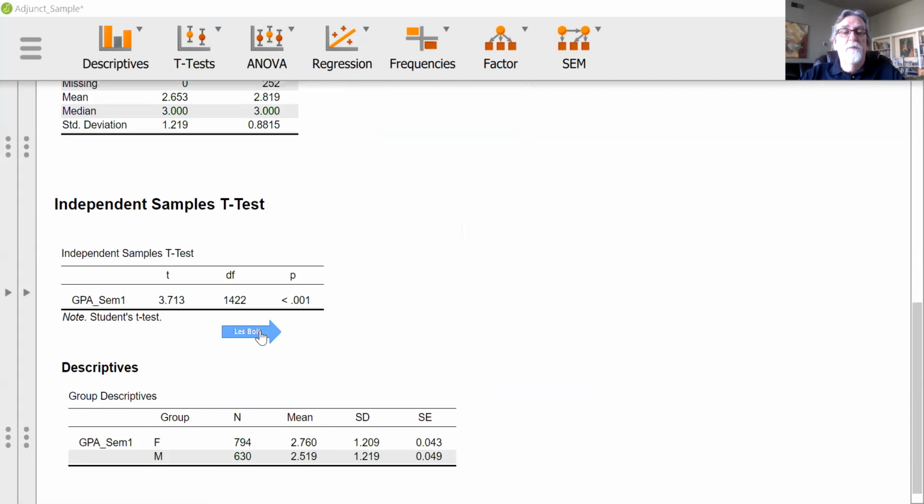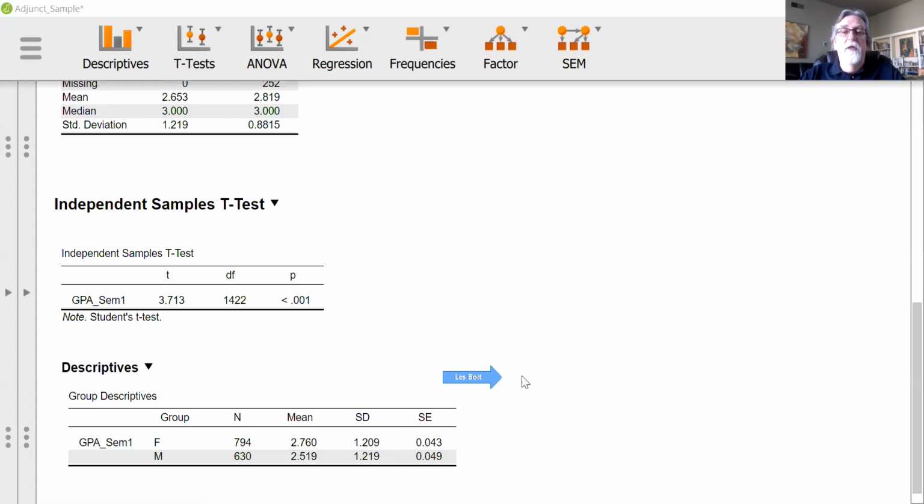And so in the display here, you see the actual t-value itself, the degrees of freedom, which is the n-1 for the total group, the number of females 794, the number of males 630, standard deviations 1.20, 1.21, and then what's called standard error, which is essentially, if we look at potential mean values for different groups, the equivalent of a standard deviation for those group mean values.